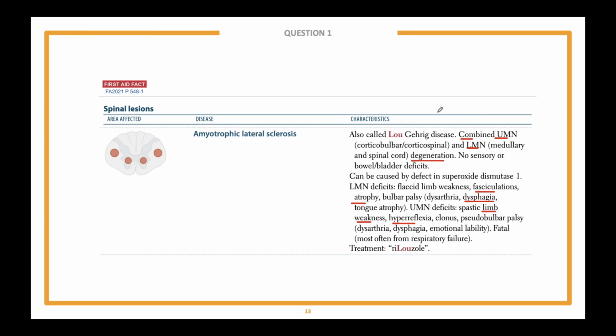And you can see it's also listed in that table there as well, under characteristics of the upper motor neuron tracts, corticobulbar and corticospinal, okay? So let's talk about the other answer choices real quick and why those would be incorrect.